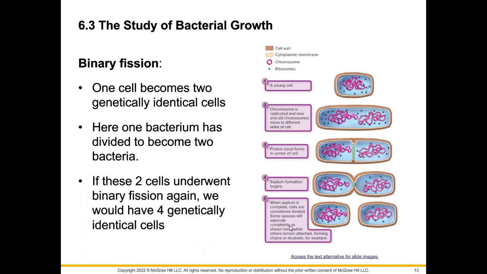Okay, so now moving to 6.3, this section discusses a process called binary fission, and I don't want to spend too much time worrying about the details of binary fission, but you should know that it is how bacteria divide. It's how they multiply.